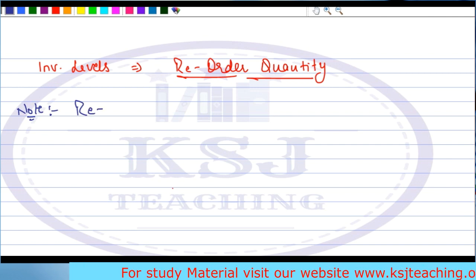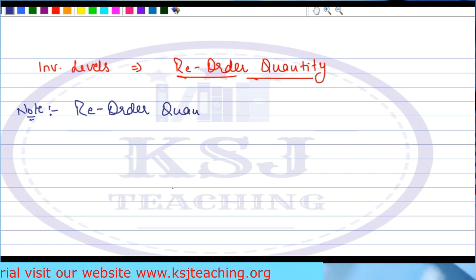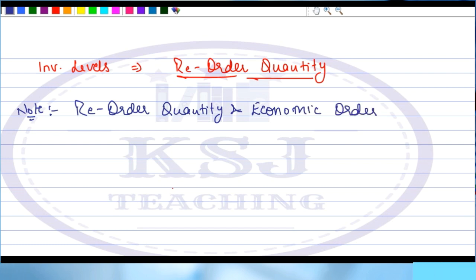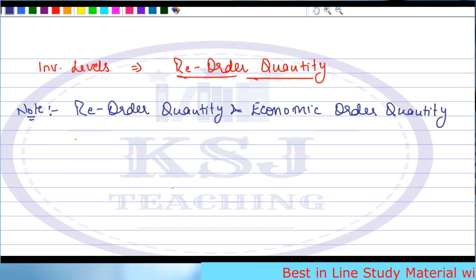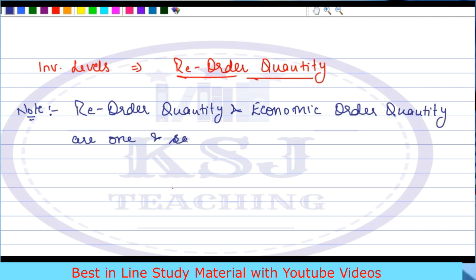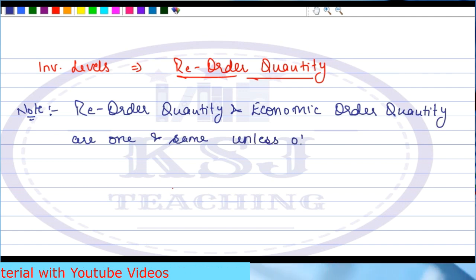Reorder quantity and economic order quantity are the same thing, are one and the same, unless otherwise specified.